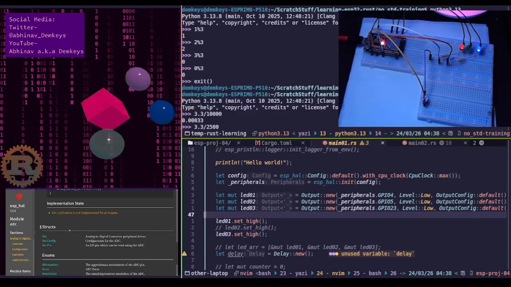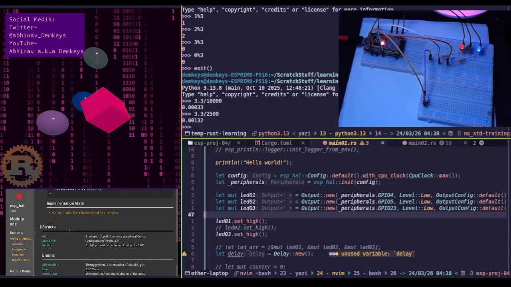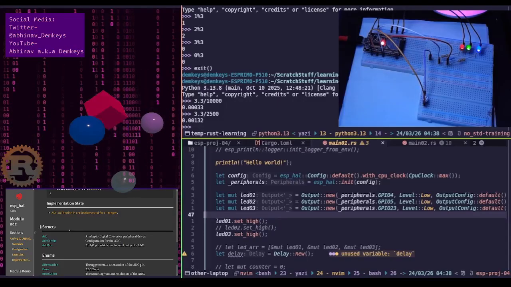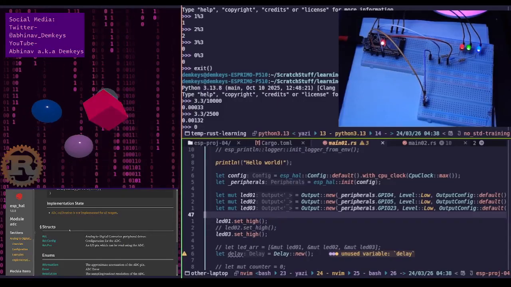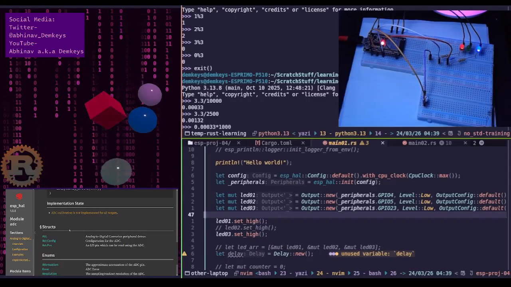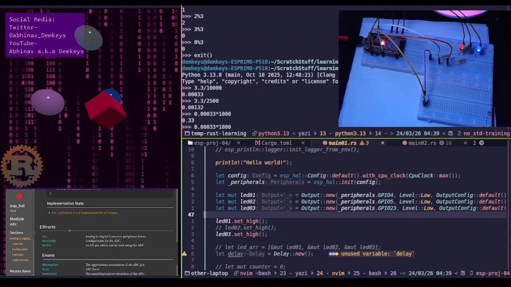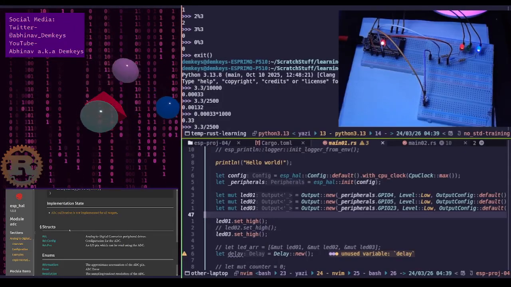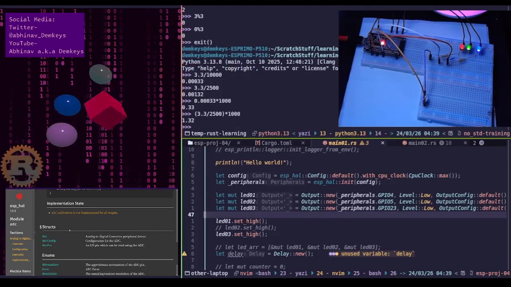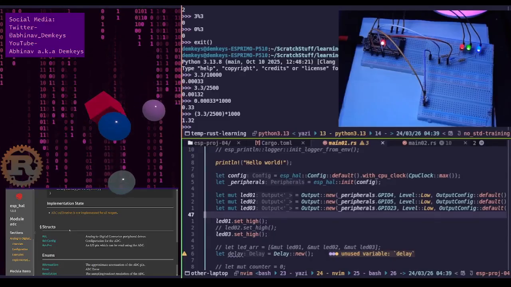So what are we looking at there? Okay, what do we need to multiply this by? 1,000? Yeah, we need to multiply this by 1,000. So it's 1.33 amps. No, 1.33 milliamps.